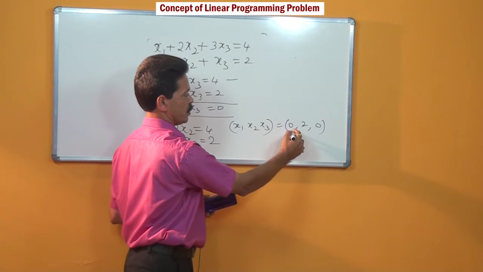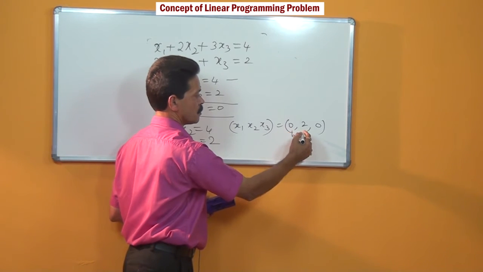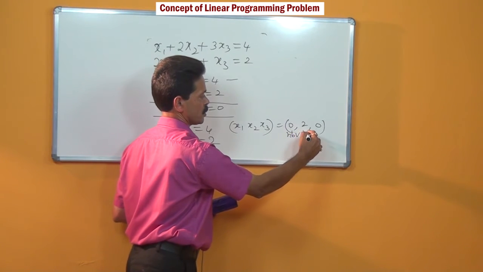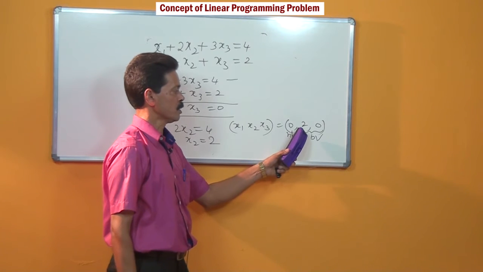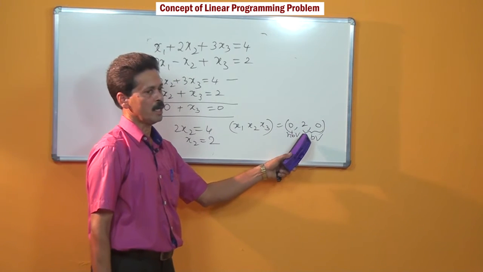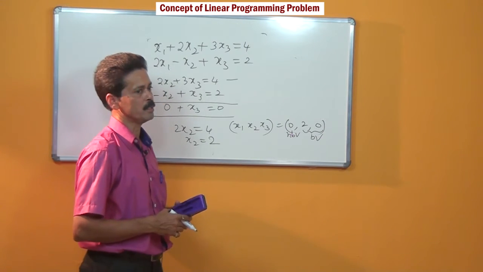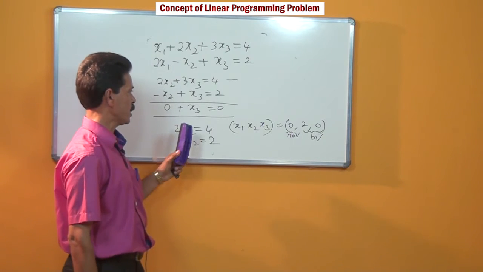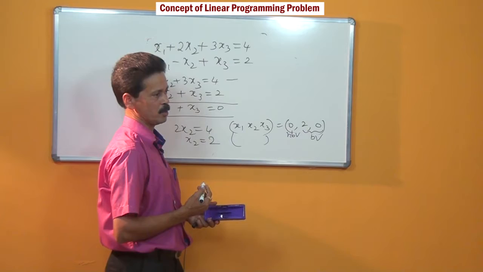Here x2 is a basic variable. The variables which are equated to 0 are called non-basic variables. Here both the basic variables are greater than or equal to 0, hence it is called a basic feasible solution. Similarly, you can find out by putting x2 equal to 0 and obtain one more basic feasible solution.